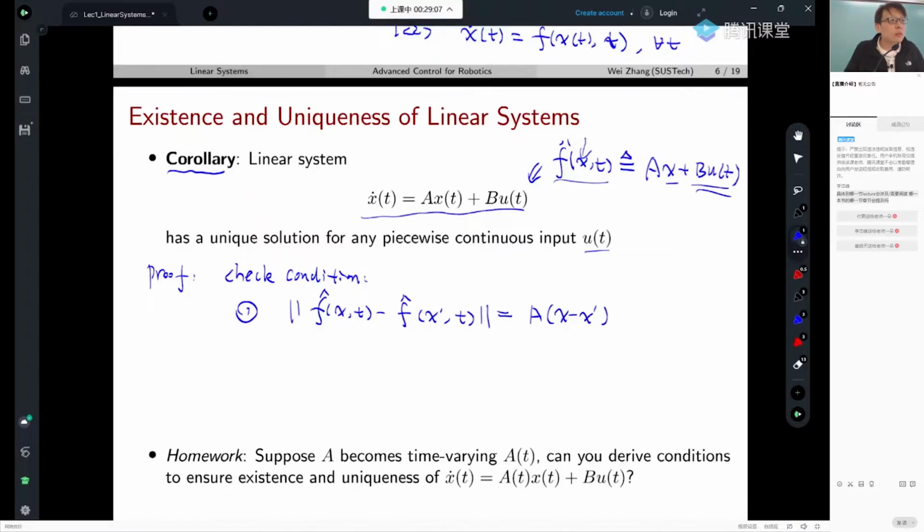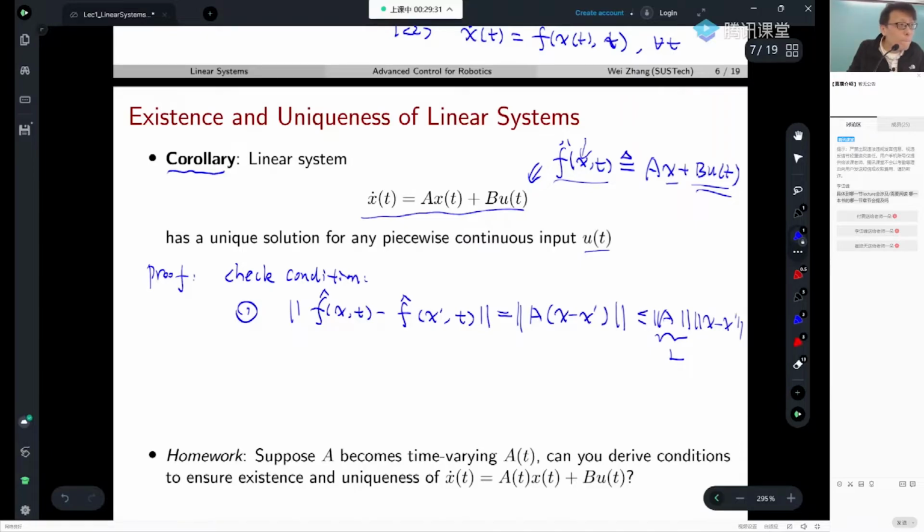And that's it, u got canceled, right? So this one, if I take a norm, that's a vector norm, and this vector norm is to be less than a matrix norm times this one. Suppose we use a Euclidean norm. This will be my L.